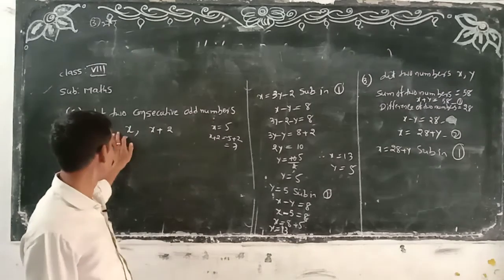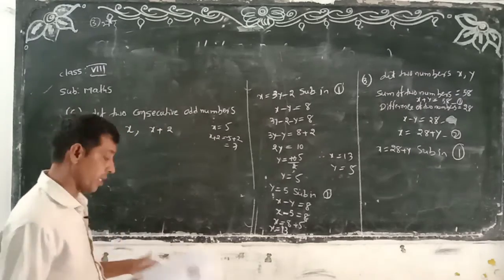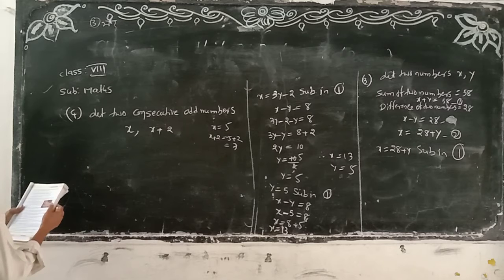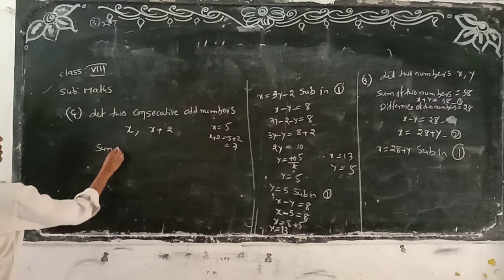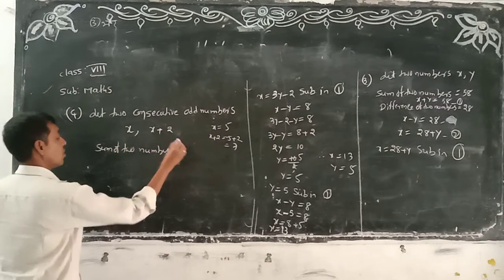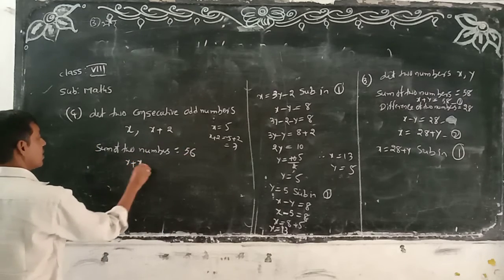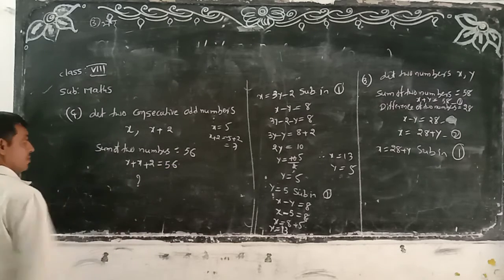The process will be the same only. What is given here? Whose sum is 56, find the numbers. Sum of two numbers is equal to how much? 56. What are the numbers? x plus x plus 2 is equal to 56.